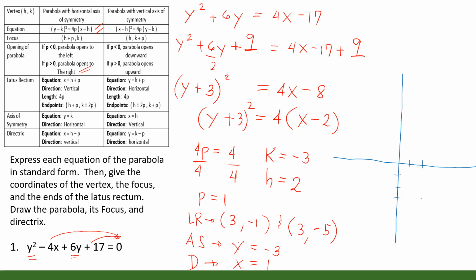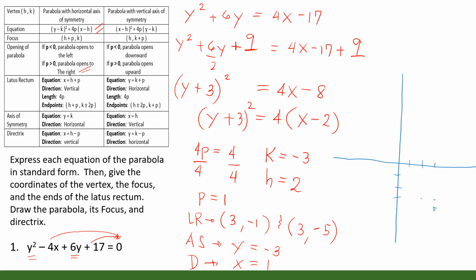So this will be your vertex, 2, negative 3. And then focus, what's the focus? Sabi natin ang focus ay h plus p. So that is 3. And then k, 3, negative 3. So we have 1, 2, 3, and then negative 3. So this will be our focus.